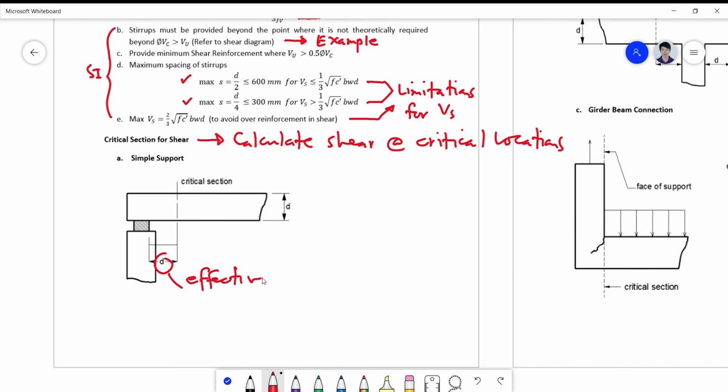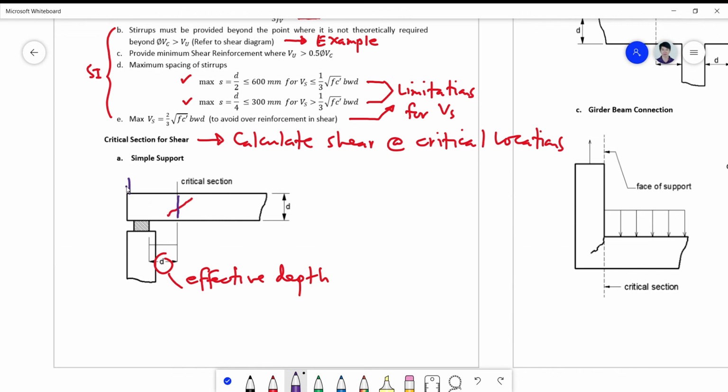Which means that the crack will actually be crossed by the stirrup here. So the crack will not exist at the support itself, but rather at a distance d from it.